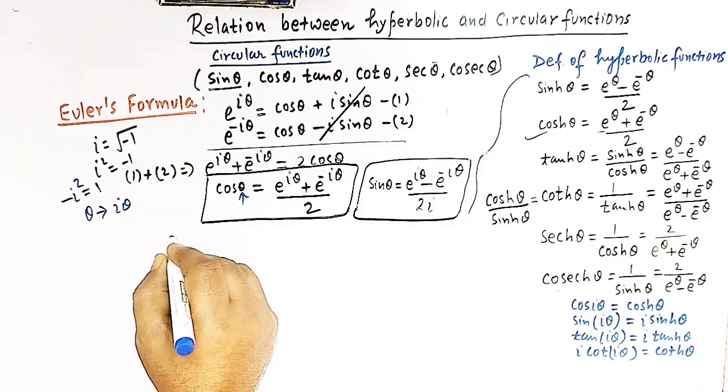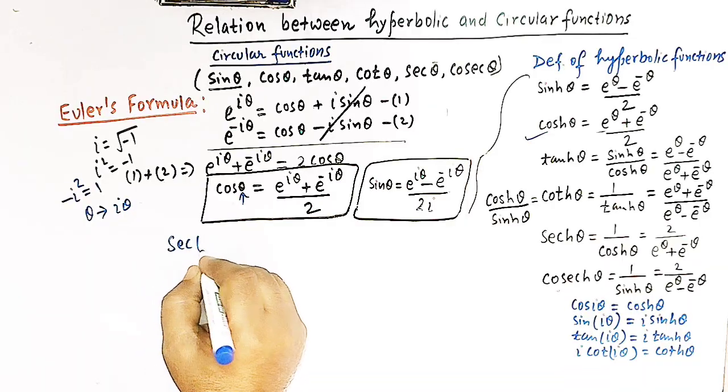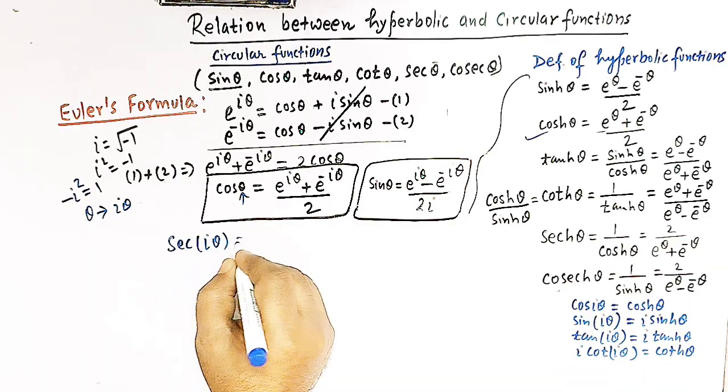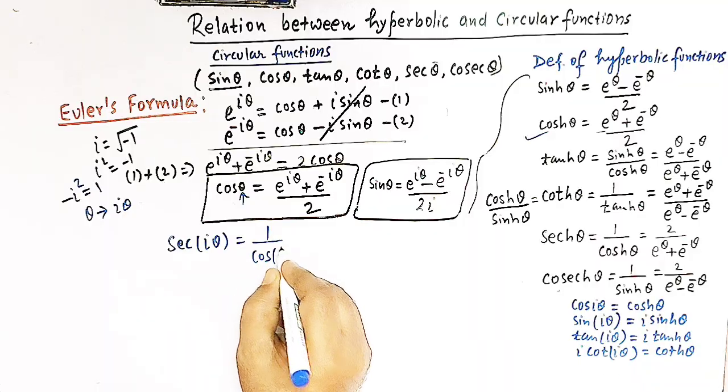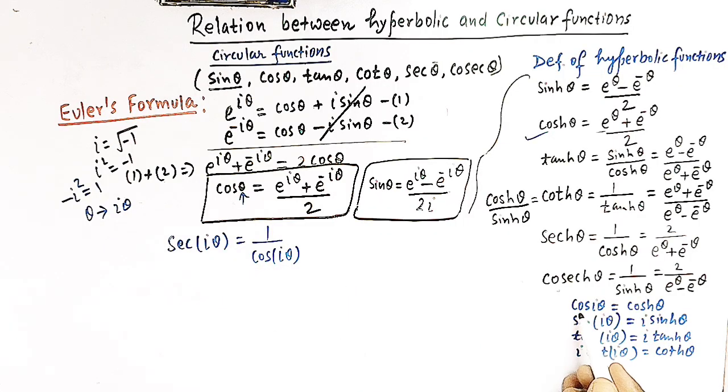So now let us write sec(iθ) as 1 over cos(iθ). Now cos(iθ) is equal to hyperbolic cosine of θ.